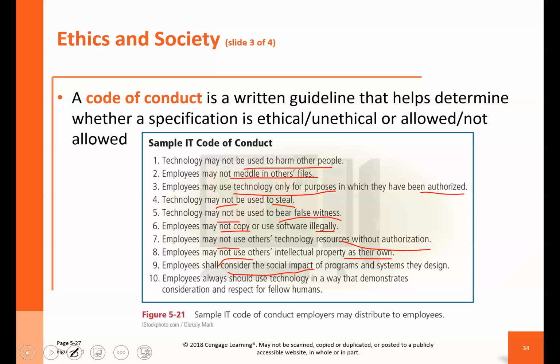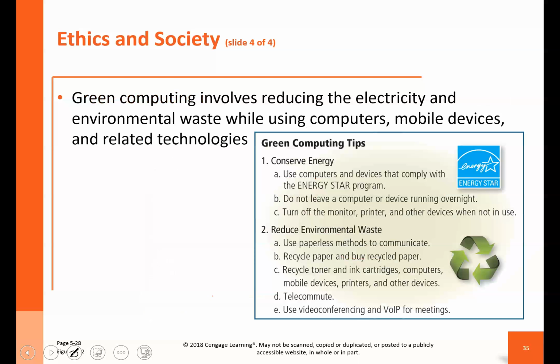Will that impact be causing the others big trouble? If this is the case, we really have to think twice. Right? And employees should also always use technology in a way that demonstrates consideration. Right? So consideration and respect are still the trump card in defining the proper code of conduct in the IT.